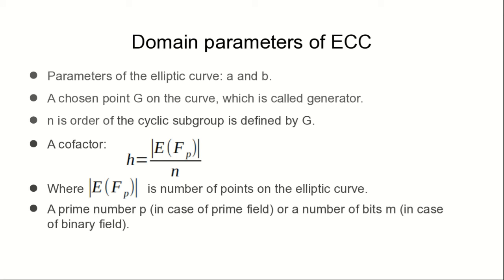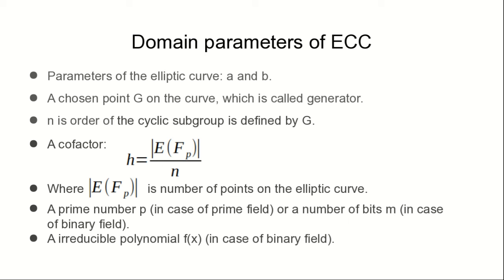There is also a prime number p in the case of a prime field, or a number of bits m in the case of a binary field. And in the case of a binary field, we must have another parameter, which is an irreducible polynomial.